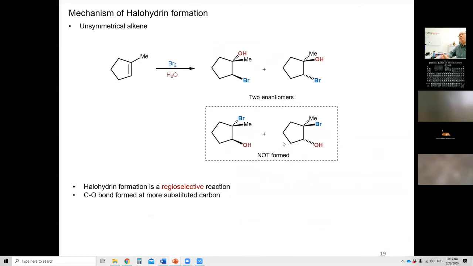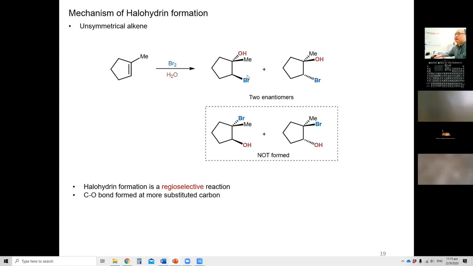So how about unsymmetric alkenes? All right, there is also some difference from the dihalogen addition with an unsymmetric alkene. What we found out is that the bromine will be on the less crowded side of the alkene, and the bromine's relationship with the OH is trans because of the bromonium ion, right?